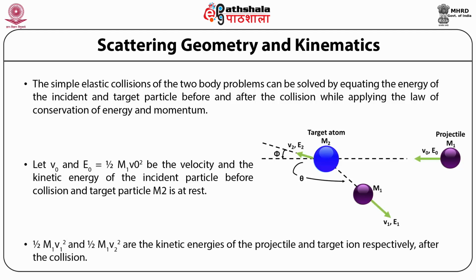Half m1 v1 square and half m2 v2 square are the kinetic energies of the projectile and target ion respectively after the collision.